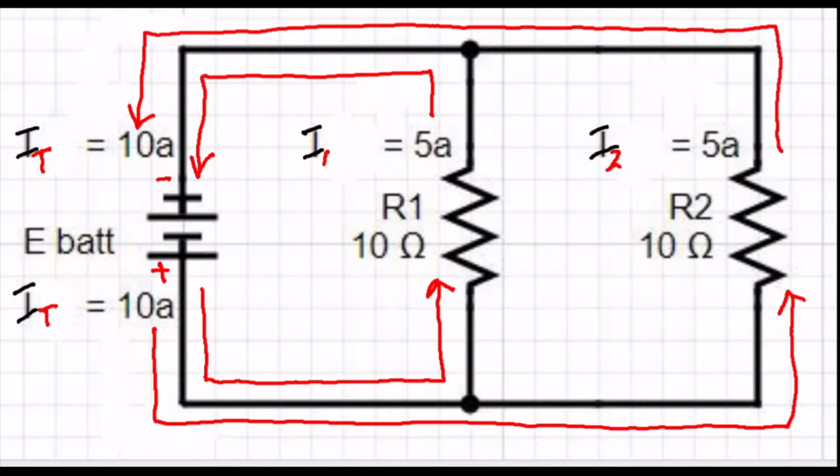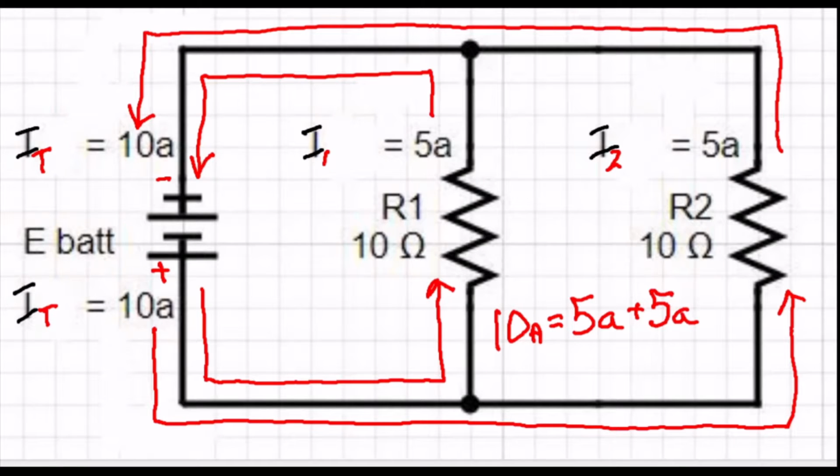We can pretty well say that in a parallel circuit, the amperage of the entire circuit, which is 10 amps, is equal to the amperage at each of the resistors when they are added together. So the 10 amps total is equal to 5 amps plus 5 amps.